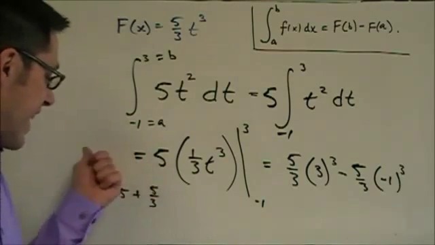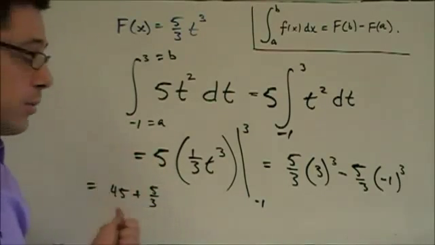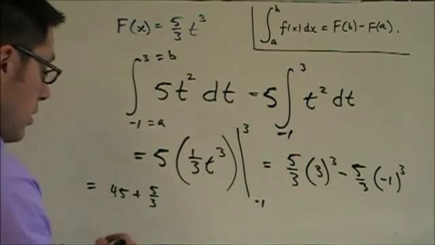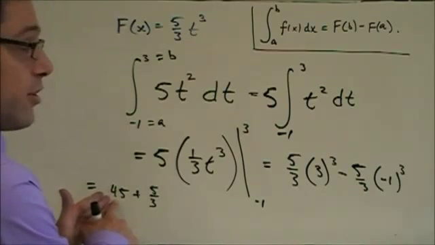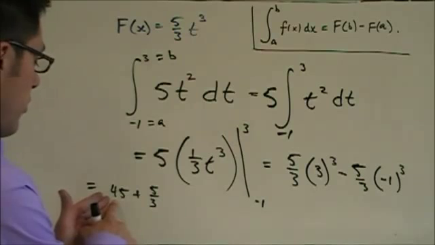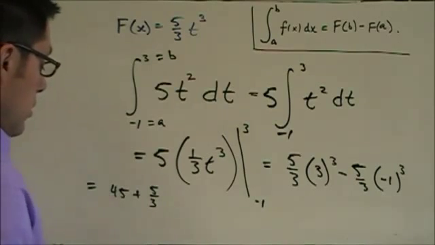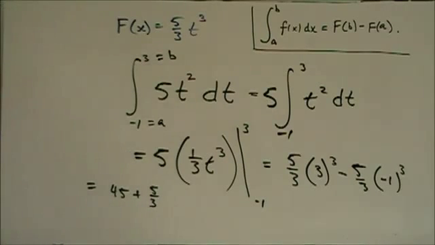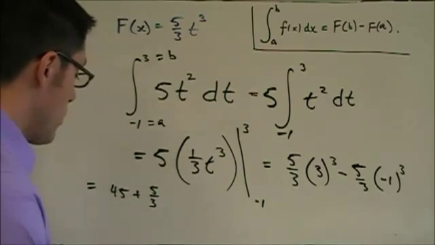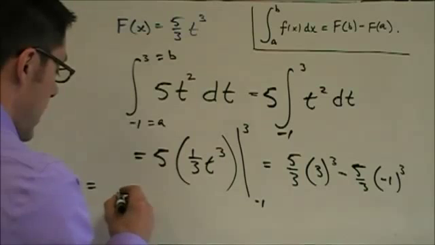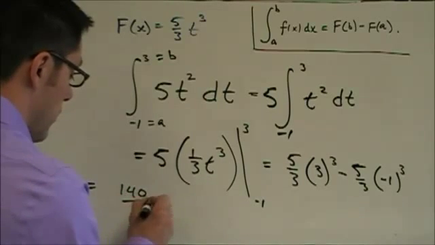So if we want an exact value, let's put it into one complete fraction. We just turn the 45 into thirds, and 45 becomes 135/3. And so putting that together, you're going to have 140/3. So when all the smoke clears, my answer is 140/3.